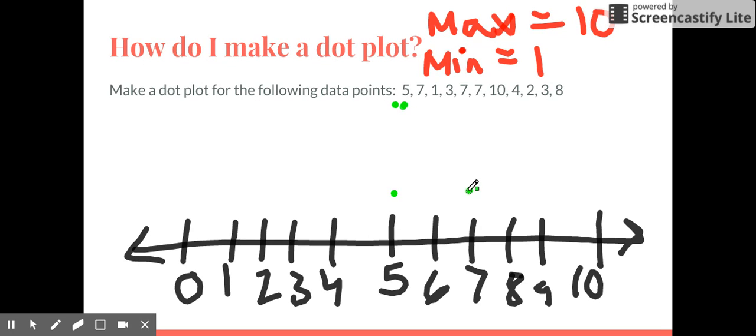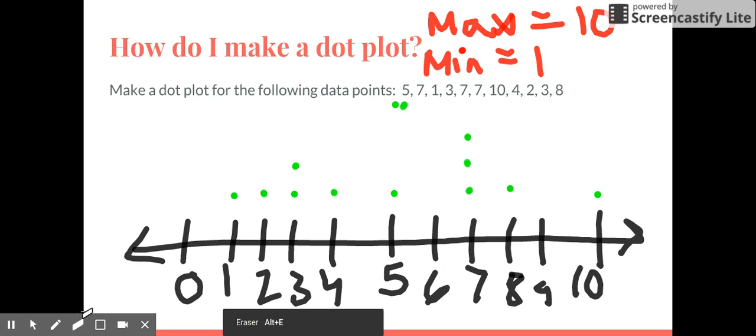Then it's 7, 1, 3, 7, 7, 10, 4, 2, 3, and 8. Get rid of those so it doesn't confuse you. But as you can see, there's my dot plot.